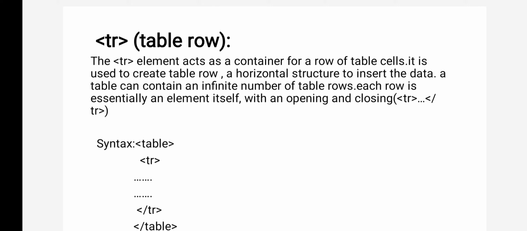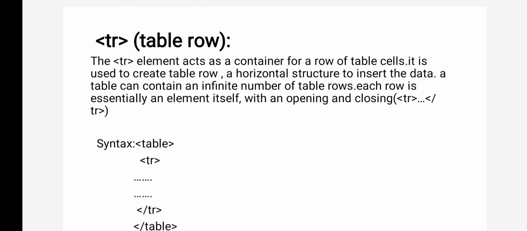If you want to create table rows, we need an element, because in HTML whatever you want to do is possible by using tags only. Here also, if you want to create rows in a table, then we'll use a TR tag. TR stands for a table row. So the TR tag is used to create table rows, and it is a horizontal structure.